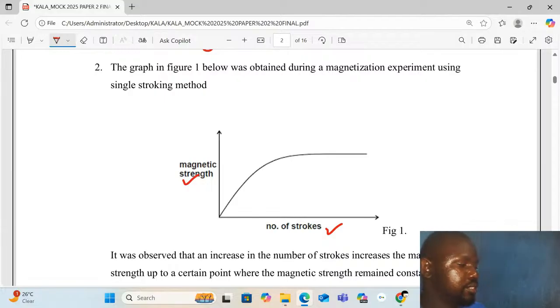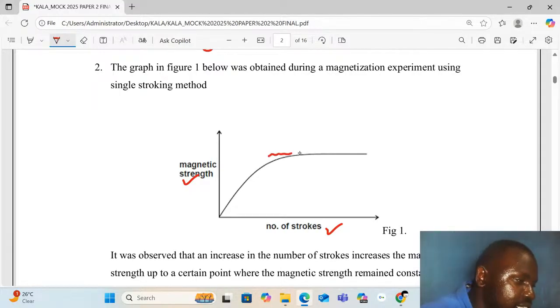In this case, you need to interpret this question with a lot of care, because there is a certain part that is being tested, not only from the stroking method, but a greater idea. If you look at the graph, there is a part which is flattening.